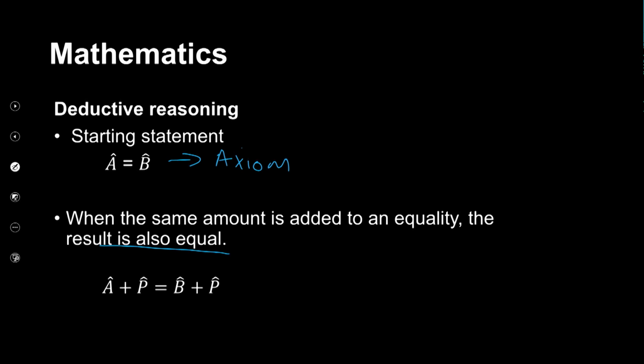Just a typical example, although I don't want you to be thinking numbers more than anything. If I had 20 degrees and 20 degrees there as my A and B, if I add the same number, 5 and 5 there, surely this is going to give me the same value on either side of the equal sign. So that's what we are trying to say here, that if I add the same amount to the equality on either side, then the result will also be the same.